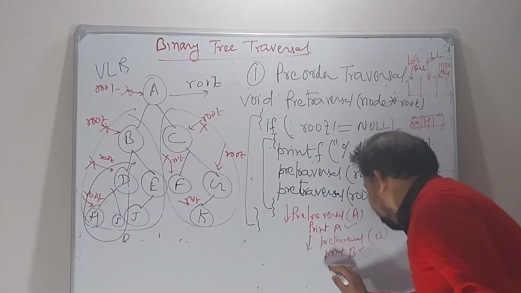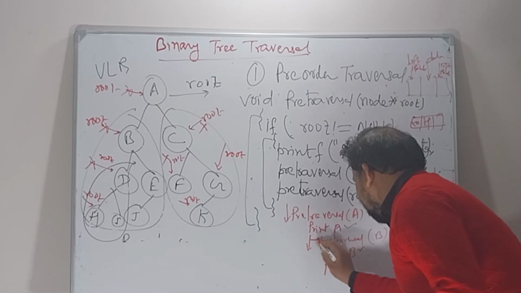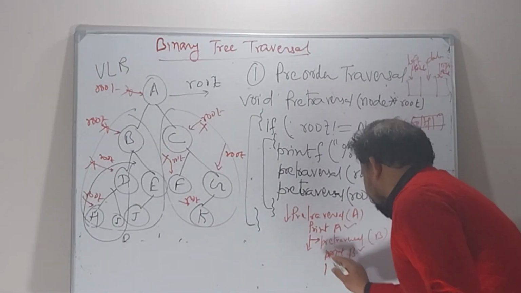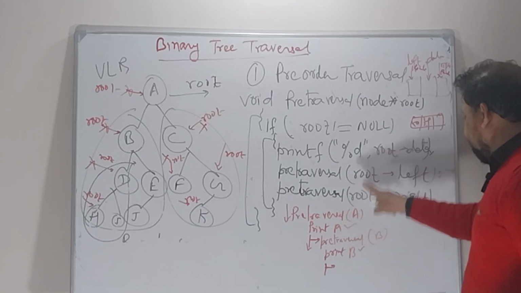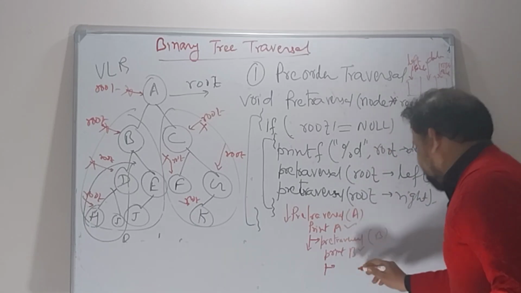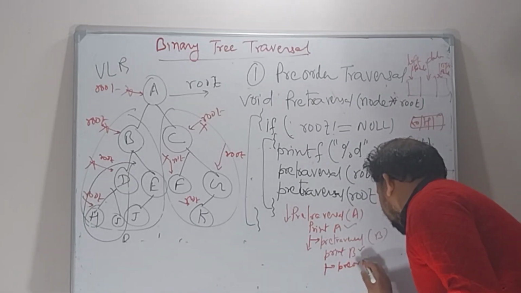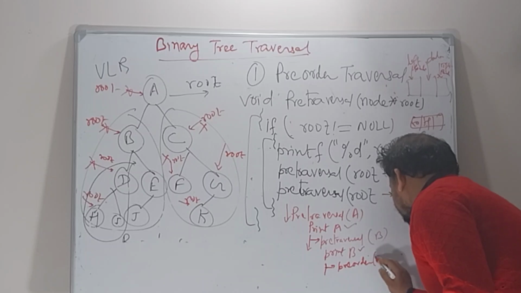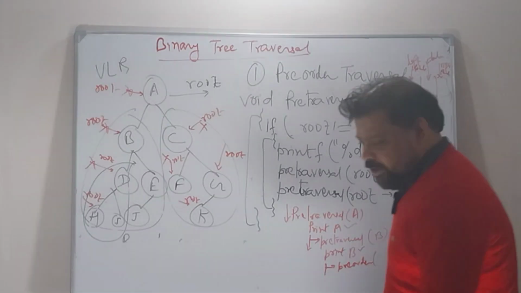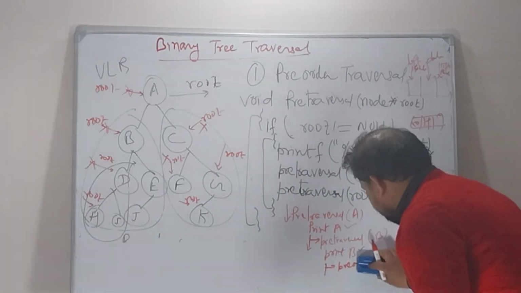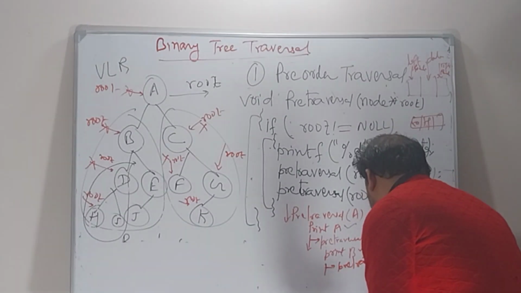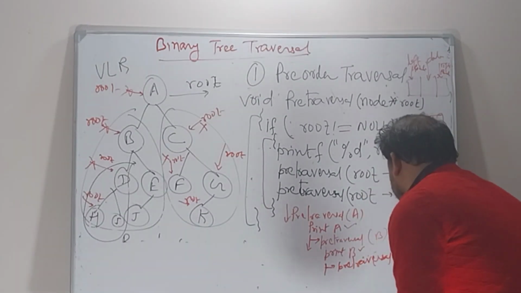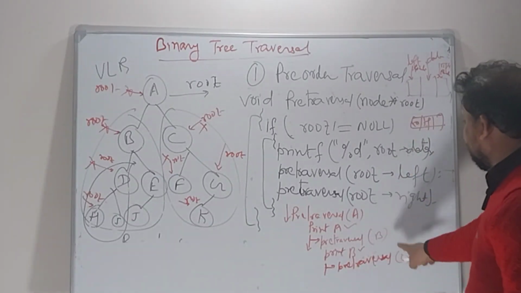So pre-traversal again it will call in this manner. It is calling, and still A and B are in the process. Now it is calling for the left of B. So what exactly? Pre-order traversal. I'm writing the name of the function, pre-traversal.